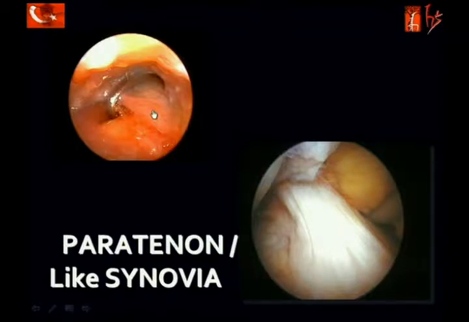Tolga, you use PRP? You don't believe in PRP? Sometimes. What's the meaning of sometimes? You use PRP or PRGF? Before PRP, but now I understand that every time I choose PRGF. PRGF, okay. Especially on tendon and paratendon pathologies.